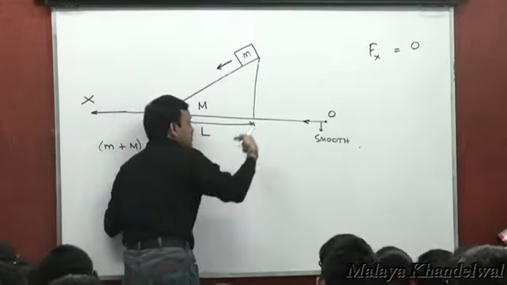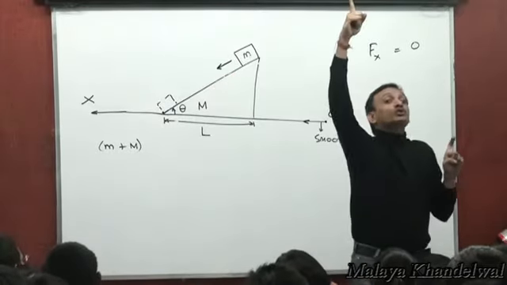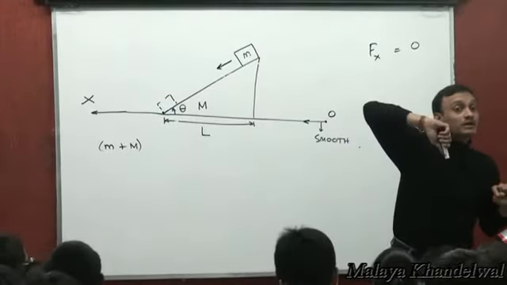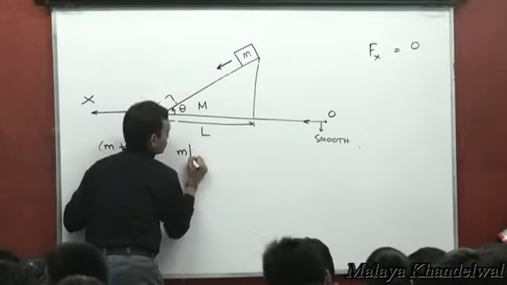Capital L, right? When this comes down here, what is its displacement in the x direction? Capital L. So what is the damage that it has caused to the numerator of the center of mass? Right, small m into L is the damage that it has caused.